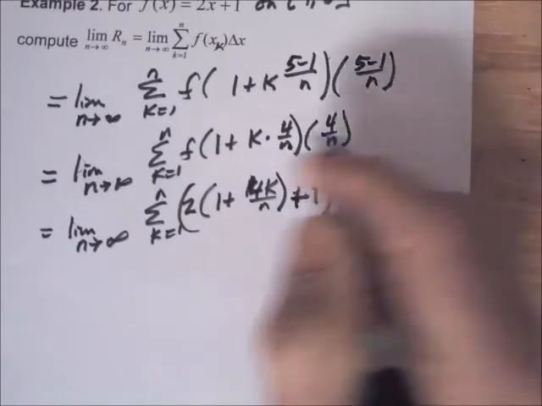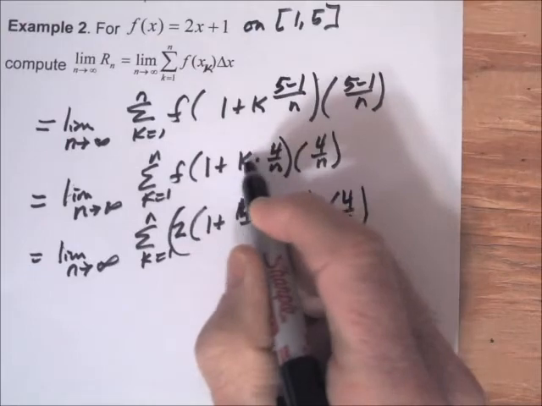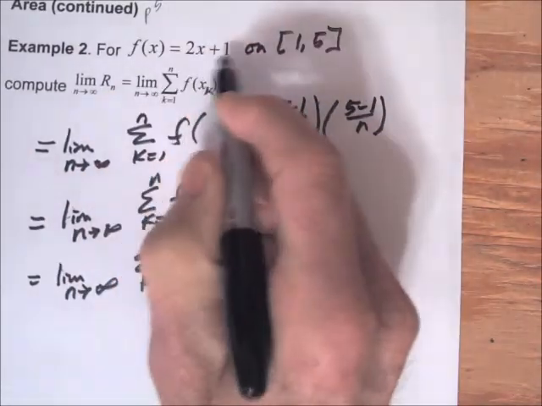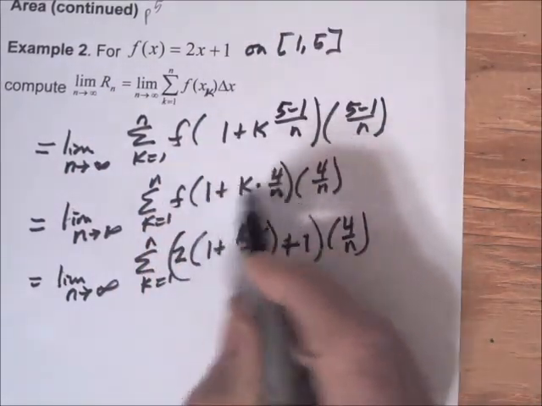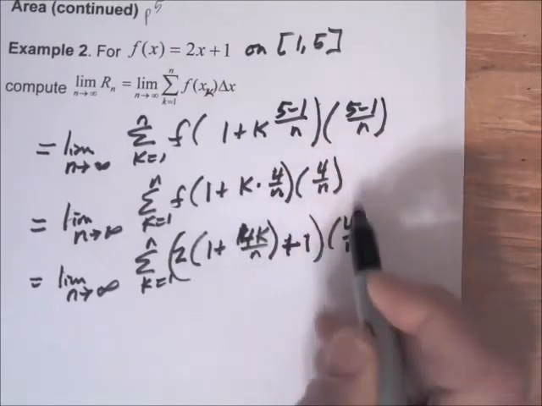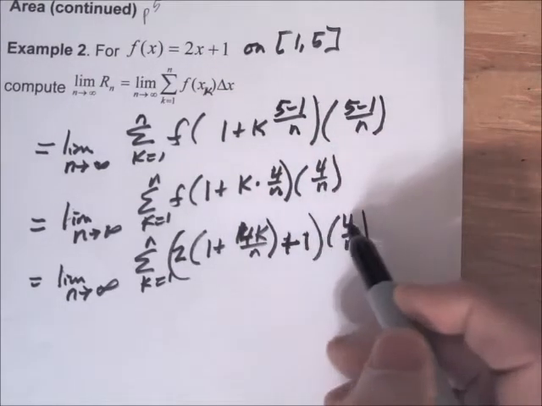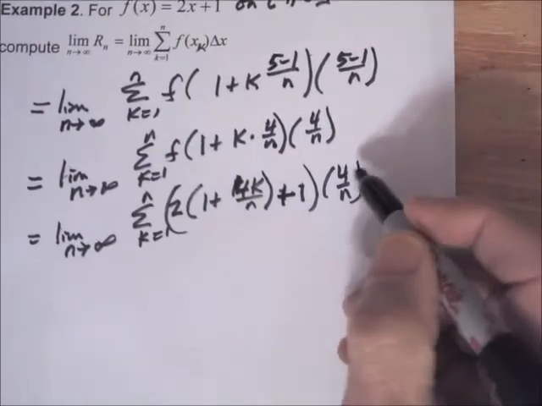This is the input for the function f of x, and 4 over n is the width of the sub-interval.